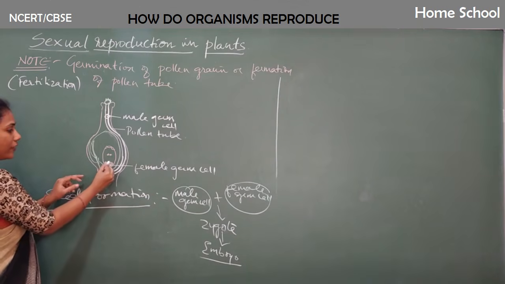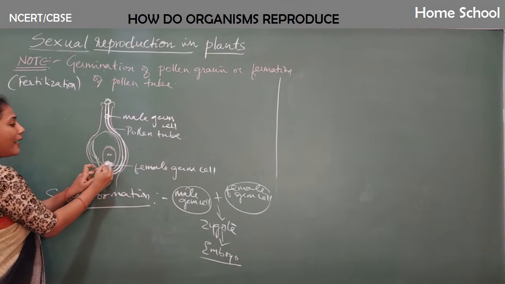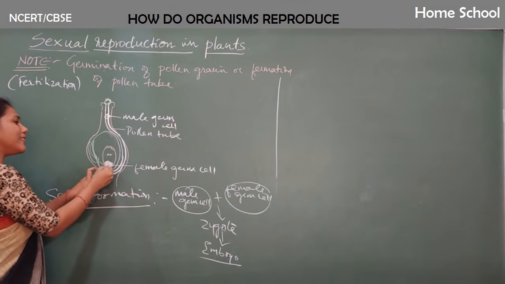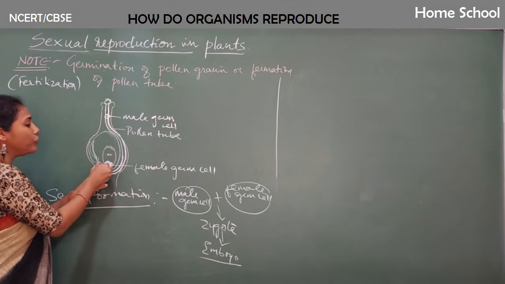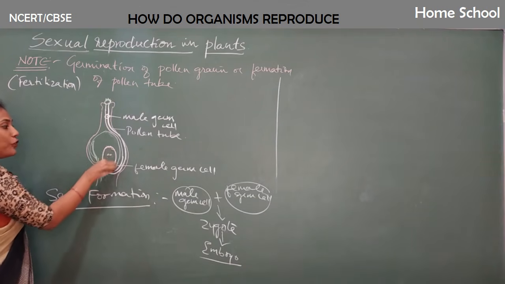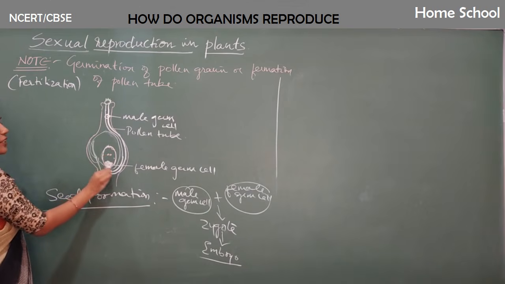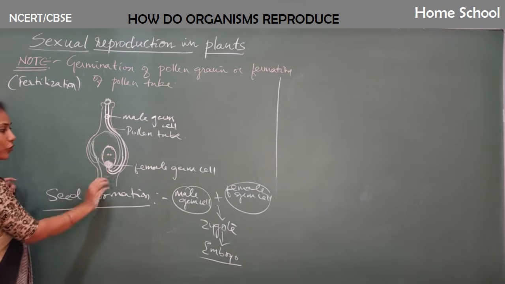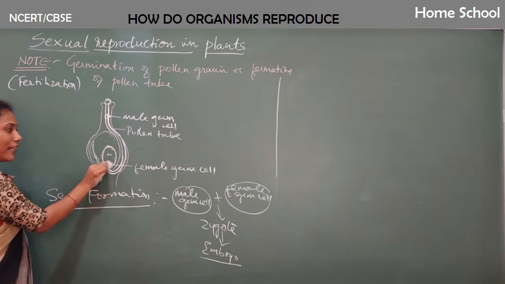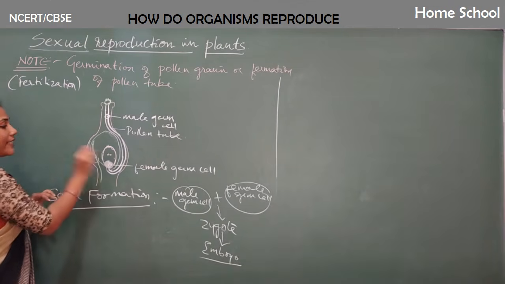See here, this fusion occurred in this part, and the whole part is a zygote, or when it is further divided, you call it an embryo. Now the remaining part of the ovule is still there. Here the fusion occurred and embryo formation took place. Here the embryo is there. Now, a living cell, a new plant must originate from this.